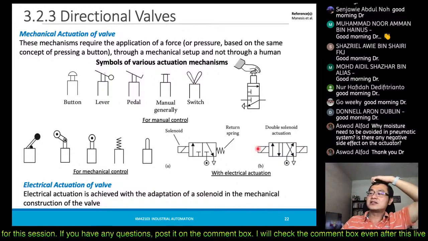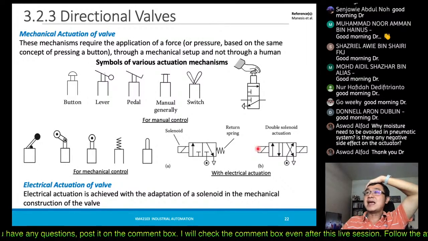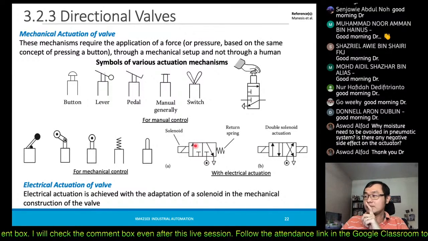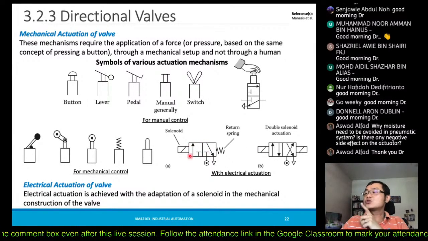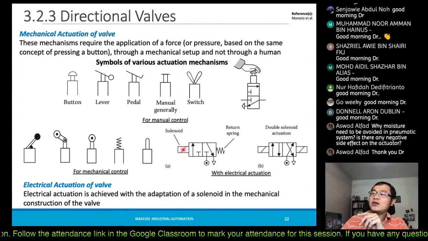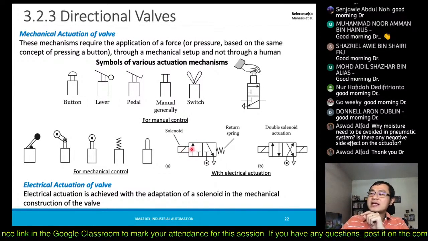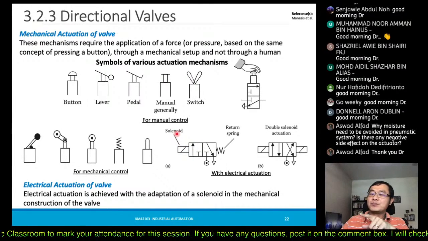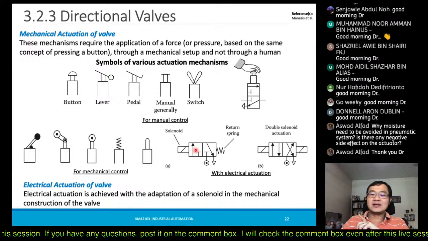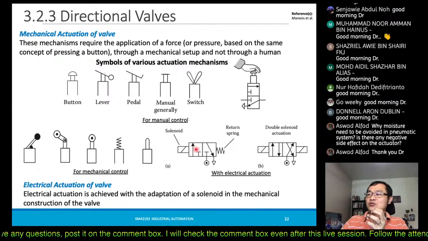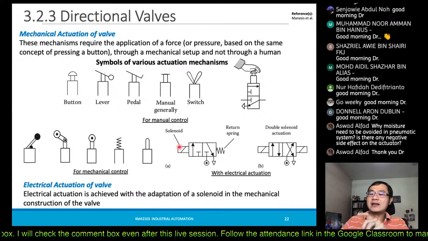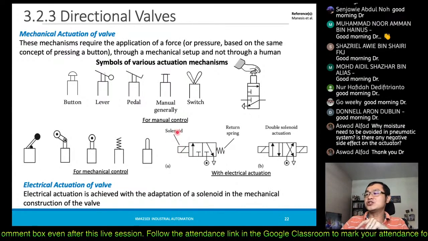How to know which one is being activated is you see this square, this square itself, okay, it's connected to this solenoid, all right? Meaning when this solenoid is energized, this state will be activated, okay? Means this will move over here, right? This is how we can read the position of the solenoid.